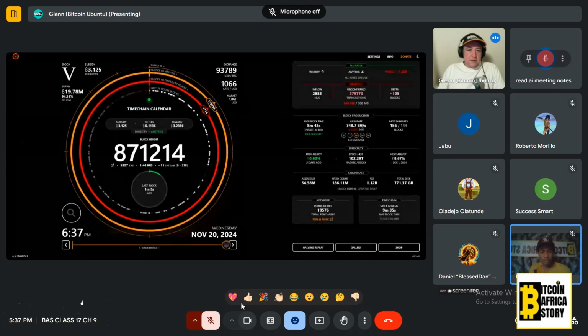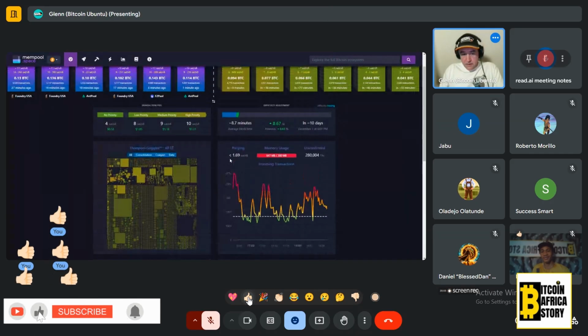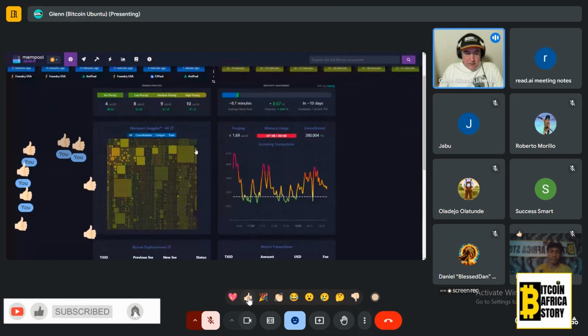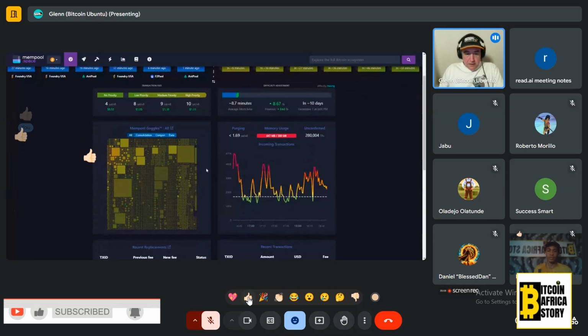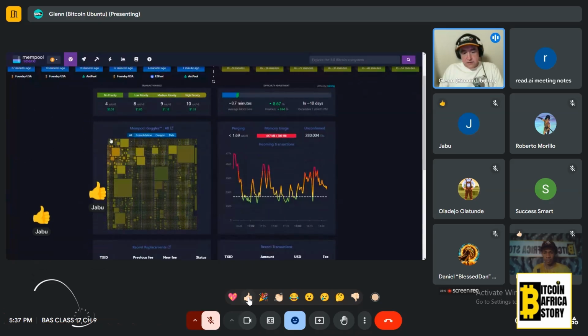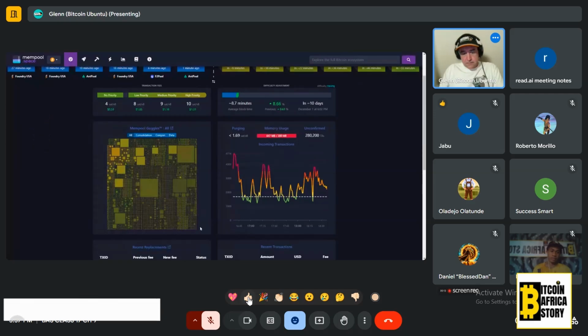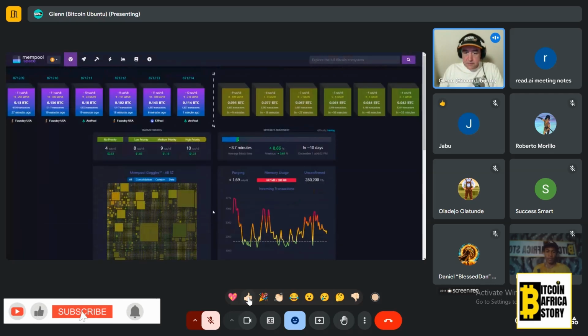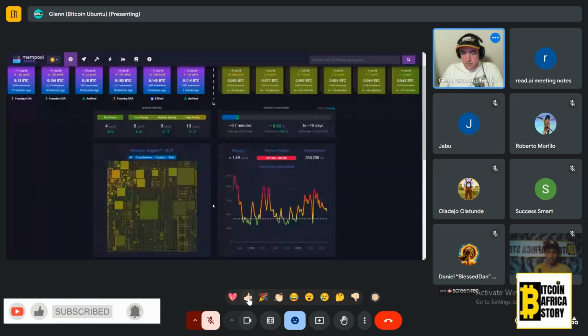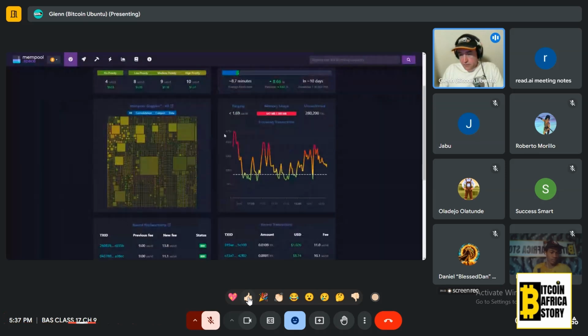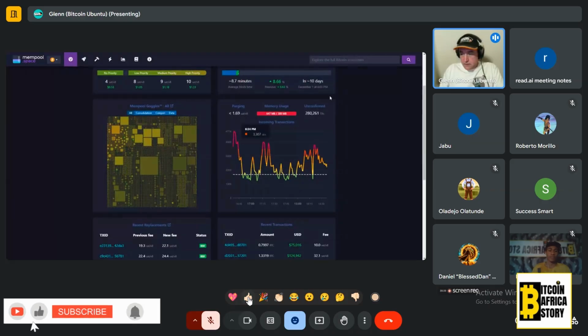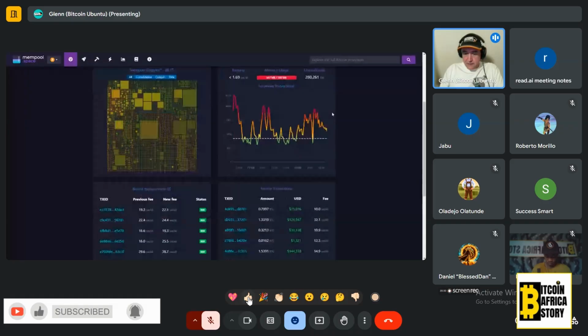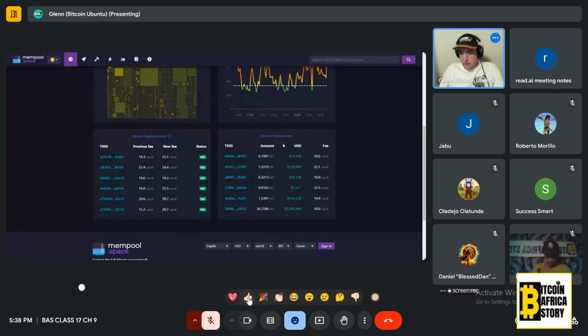Oh, I'm sorry about that. There you go. So this is typically what a candidate block might look like. These are the transactions that would be potentially included in the next block. And then here we've just got a graph illustrating the incoming transactions, how many unconfirmed transactions are pending, and then a table of some recent transactions.